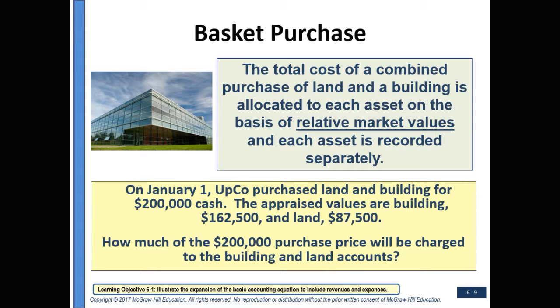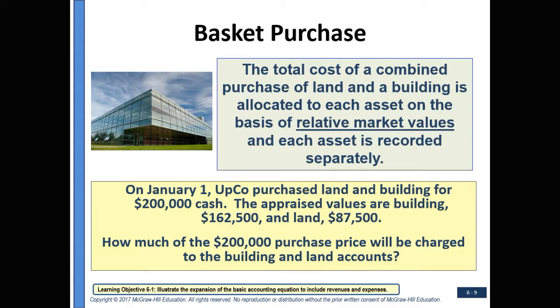So to illustrate this, we're going to use UPCO. And on January 1st, they purchased a parcel that had a land and a building for $200,000 cash. The appraised values, so the value that is appraised just for the building, sans land, is $162,500.